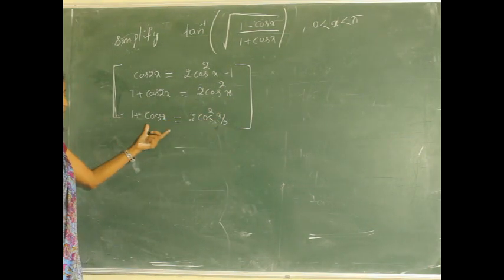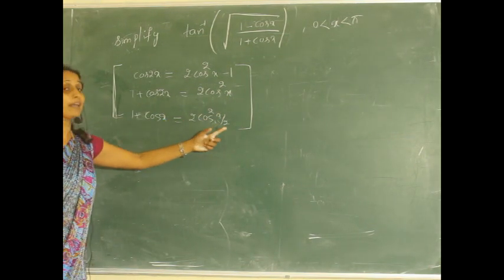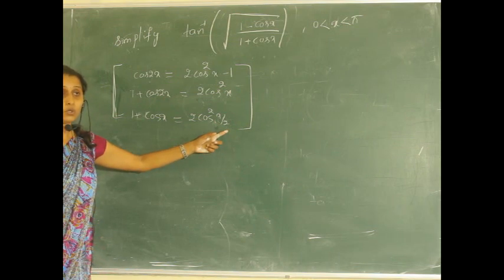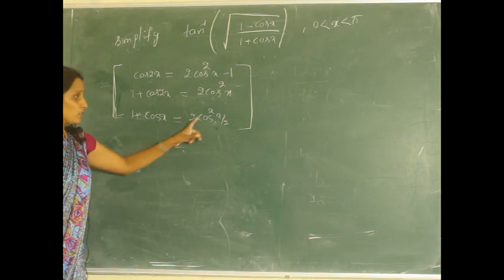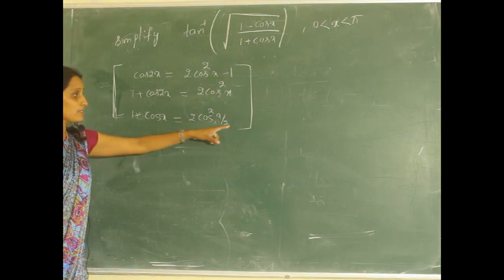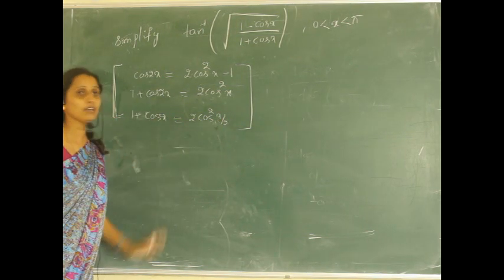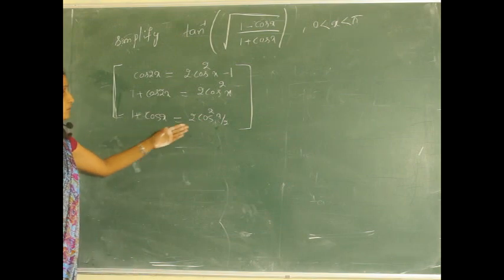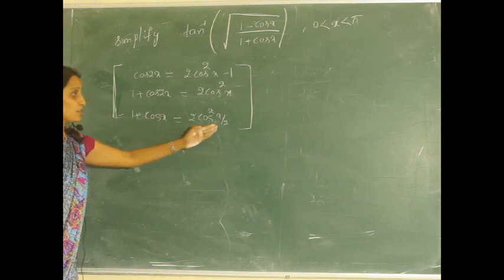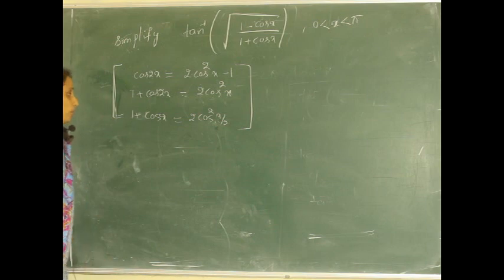So 1 plus cos x is equal to 2 cos square x by 2, where the angle will be x by 2. Now you can substitute this in the given problem.